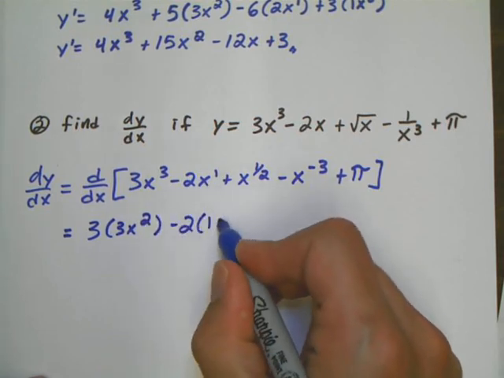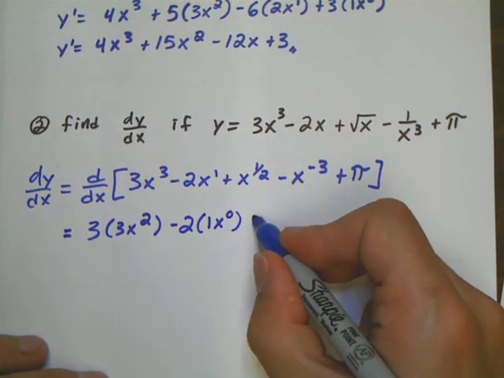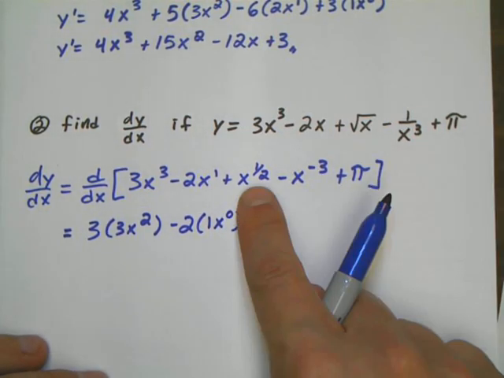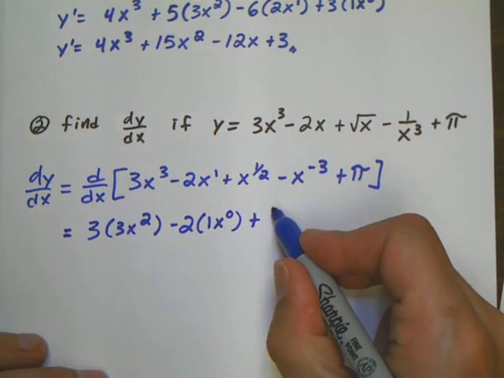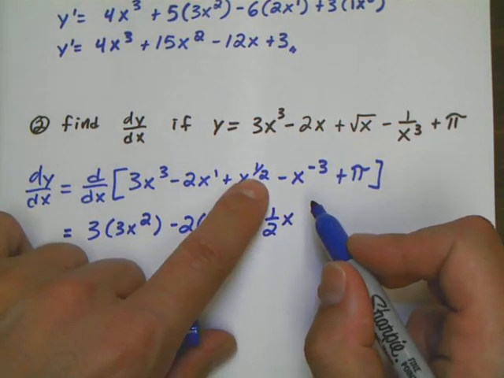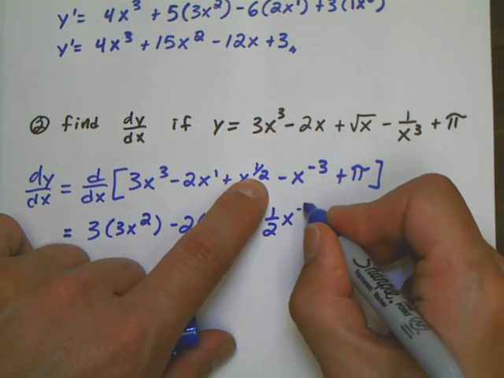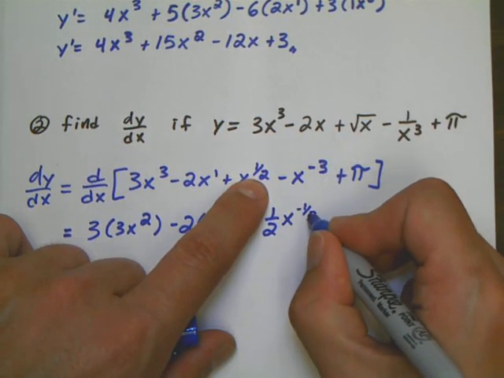The derivative of this is 1x to the 0 power, plus, dropping the 1/2 in front for the power rule and subtracting 1 from the power, 1/2 minus 1, so it's going to be minus 1/2.